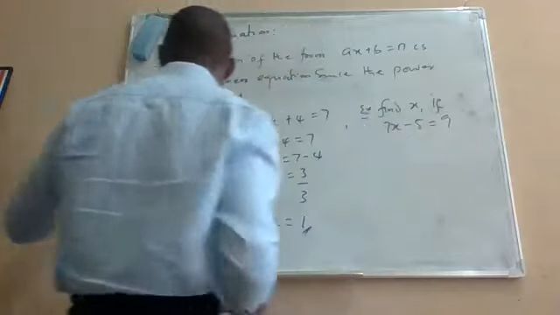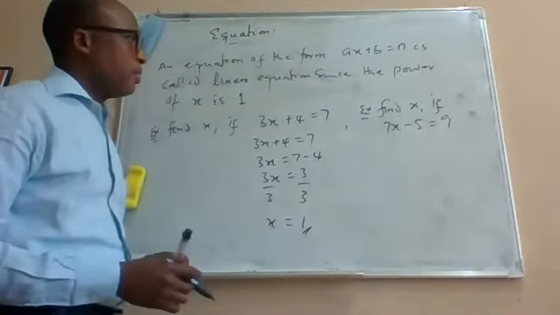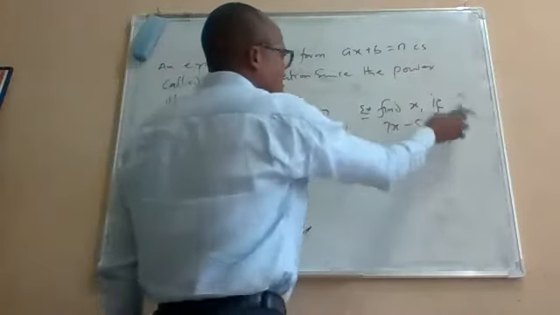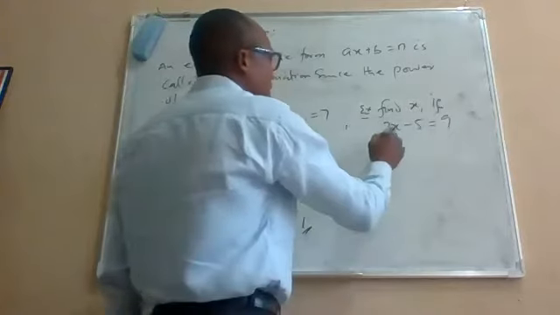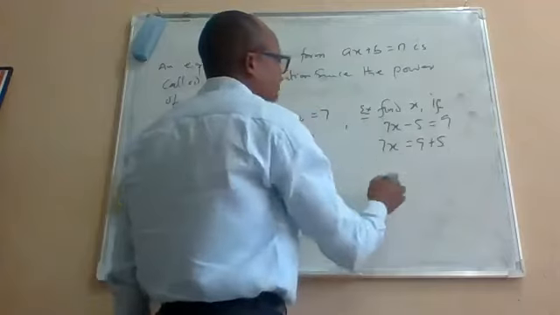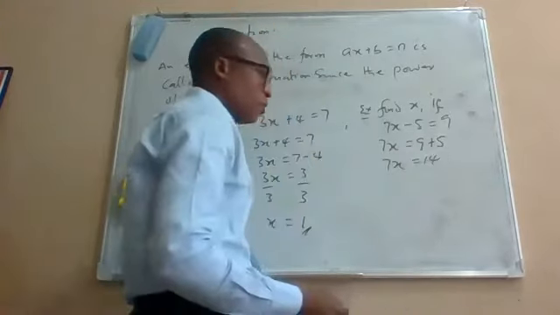The question says we should find x, given that 7x minus 5 is equal to 9. So the same thing, take minus 5 to the other side. So we have 7x equal to 9 plus 5. So this will be 7x equal to 14. That is, 9 plus 5 equals 14.